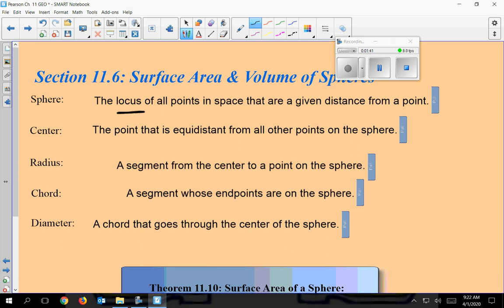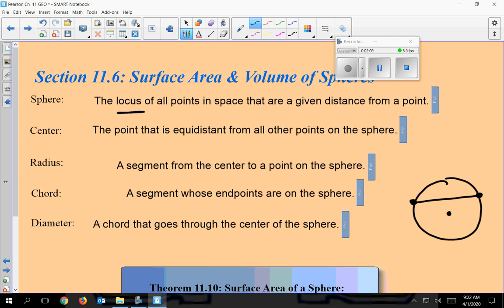A chord, though, is something new. So if you just go ahead and draw a circle, a chord connects points on a circle. So it could be really anywhere on the circle or in a sphere. It just connects 2 points on the circle or sphere. Okay. A diameter, though, is a little bit more specific type of chord.